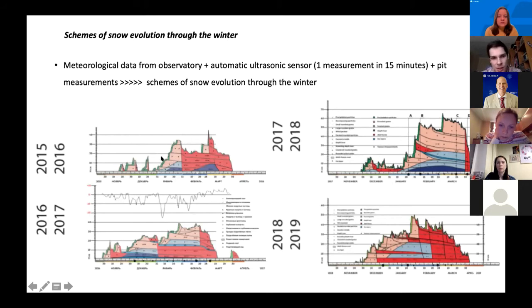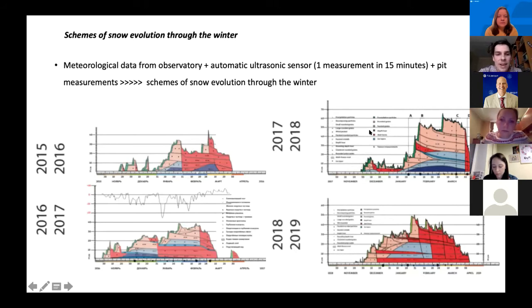Snowpack was composed mostly of soft, fresh, settled snow until the middle of winter usually, or until the end of winter in case of the very cold and snowy winter 2017-2018.